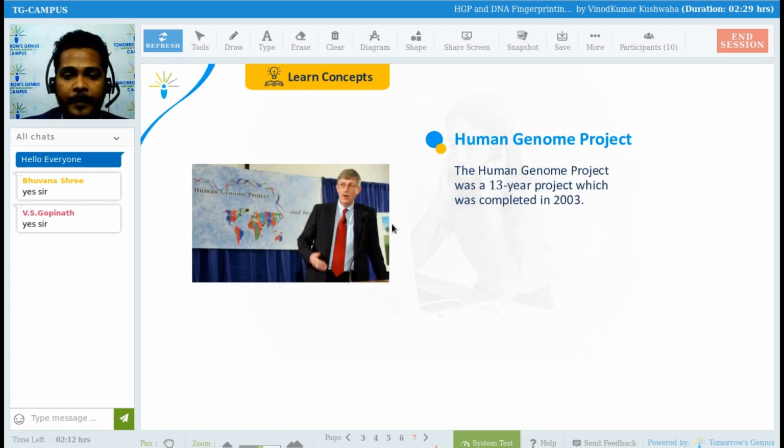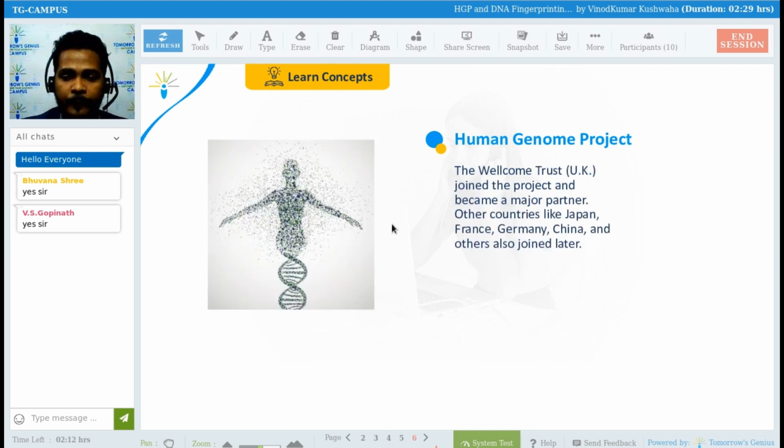Yes. Now later on what happened? One of the very first scientists who started sequencing the human genome is basically known as John Craig Venter.